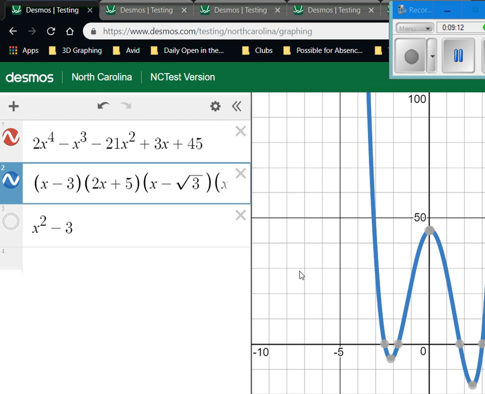The very last thing that I have to do is put this in the proper order. So what I have is the factor that's associated with negative 2.5. That needs to go first. Then my positive square root of 3 needs to go next. Negative, and then finally the negative 3.